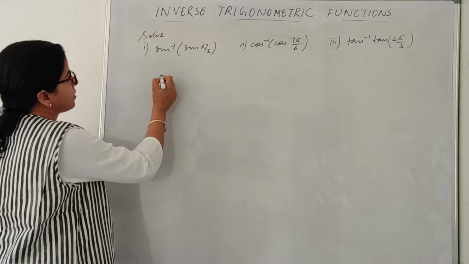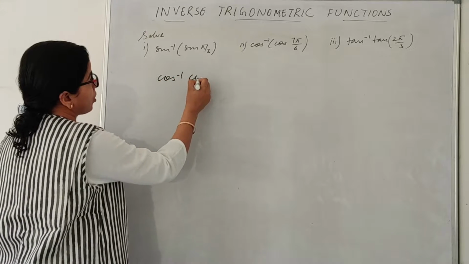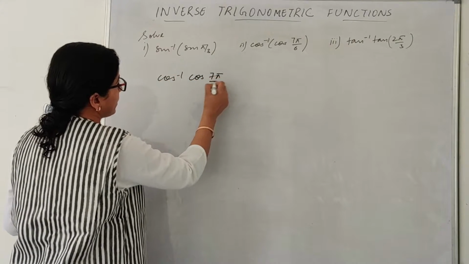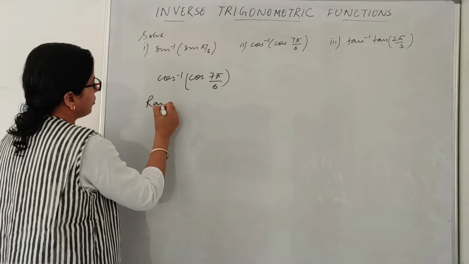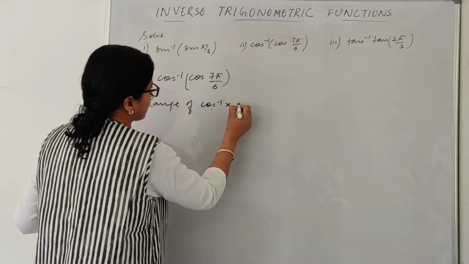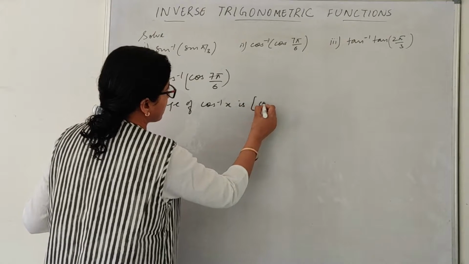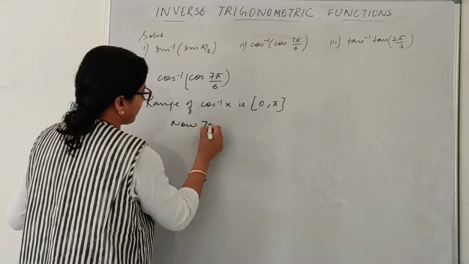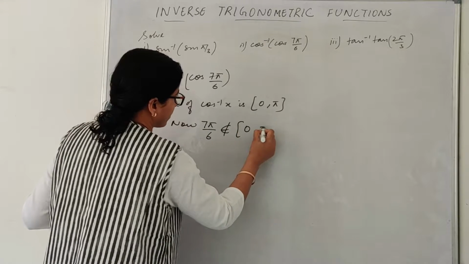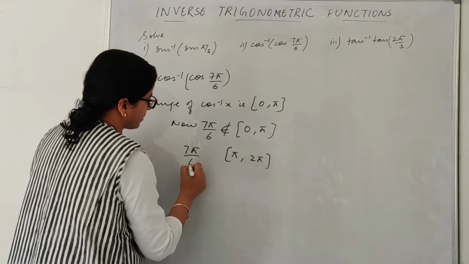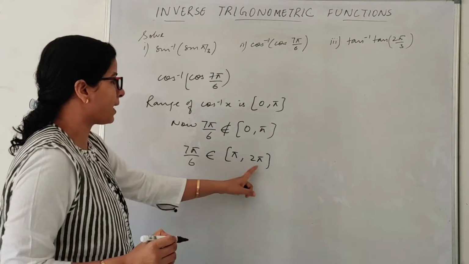Now let us take cos inverse cos 7 pi by 6, right? The range of cos inverse x is the closed interval 0 to pi. 7 pi by 6 does not belong to this range, right? 7 pi by 6 belongs to pi to 2 pi.